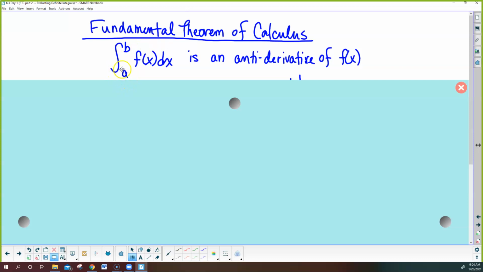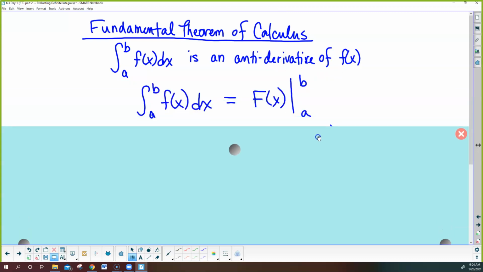So if I have an integral from a to b of f of x dx, what did this function turn into? We took the antiderivative of this function to evaluate.